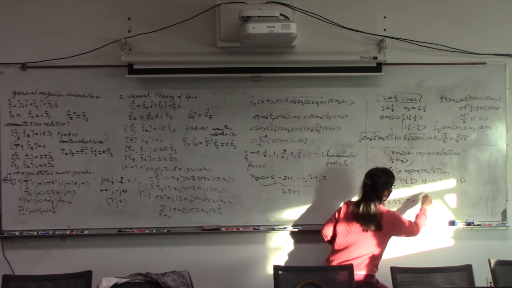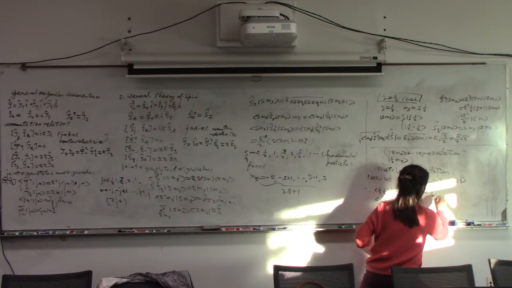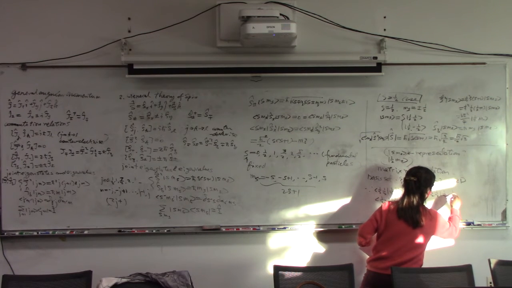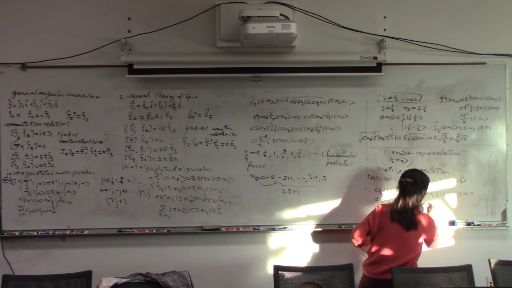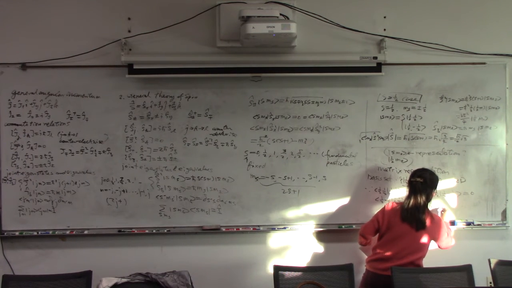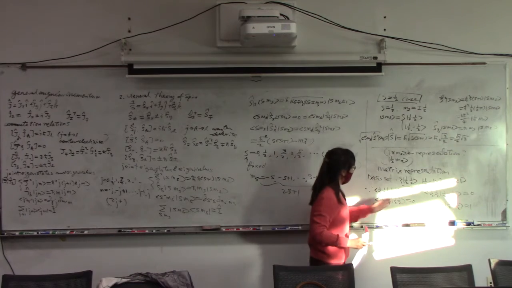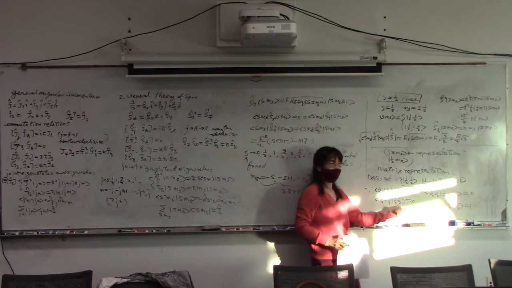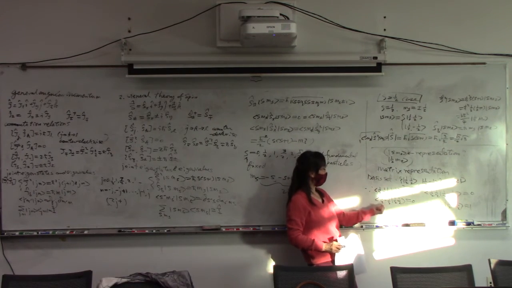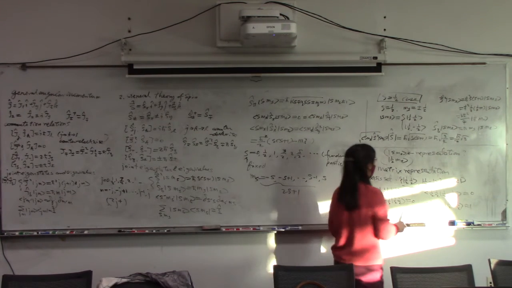And the same thing for the other, which equals 0 and 1. So any ket projected onto this space has these components.